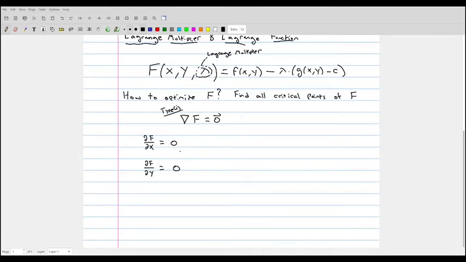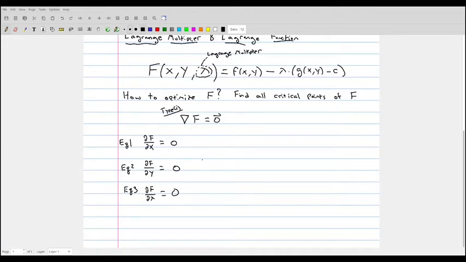Then because F is a function of 3 variables, it also means that the partial derivative of F with respect to lambda also has to equal 0. This gives us a system of 3 equations that each have to hold at any critical point of this new Lagrange function, capital F.